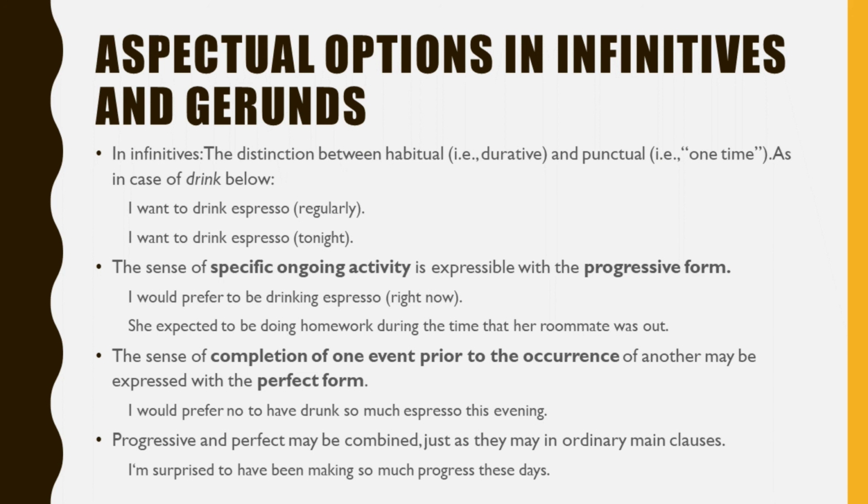Another one is that the progressive and perfect forms may be combined just as they may in ordinary main clauses. For example, I'm surprised to have been making so much progress these days. In this case, the ongoing condition, the making of much progress, is at least to some extent temporally prior to the surprise.